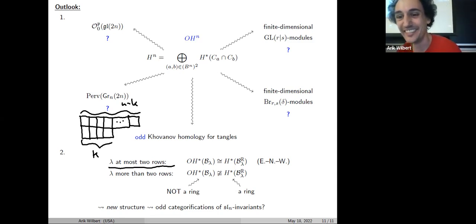Don't ask me what that means. But apparently it's enough structure to look at quasi-bimodules and things like this. So you can actually do this extension of odd Khovanov homology to tangles. Maybe you should look at this paper again. I personally haven't looked at this in detail because it seems kind of technical to me. But there is actually some theory around how to deal with the non-associativity, some theory of quasi-algebras. That's what they call it.